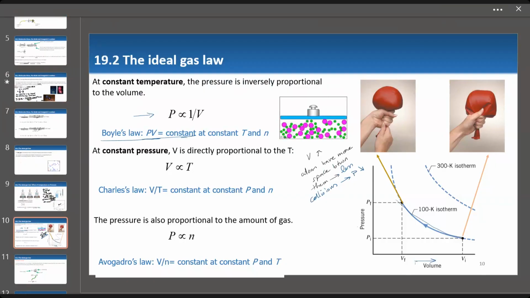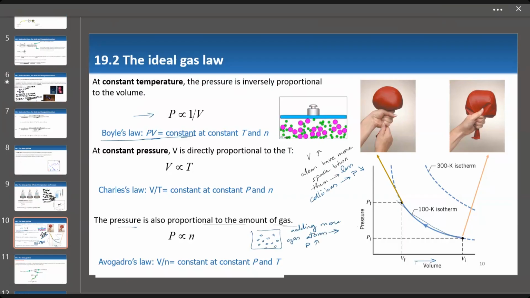So here, if we increase the temperature, we make sure the pressure is the same, then the gas will be expanding. So the volume is proportional to the temperature. And finally, the pressure is also proportional to the amount of gas. You have a container, you add more atoms, you increase the number of moles of the atoms, the pressure increases. So adding more gas atoms results in the pressure increasing.